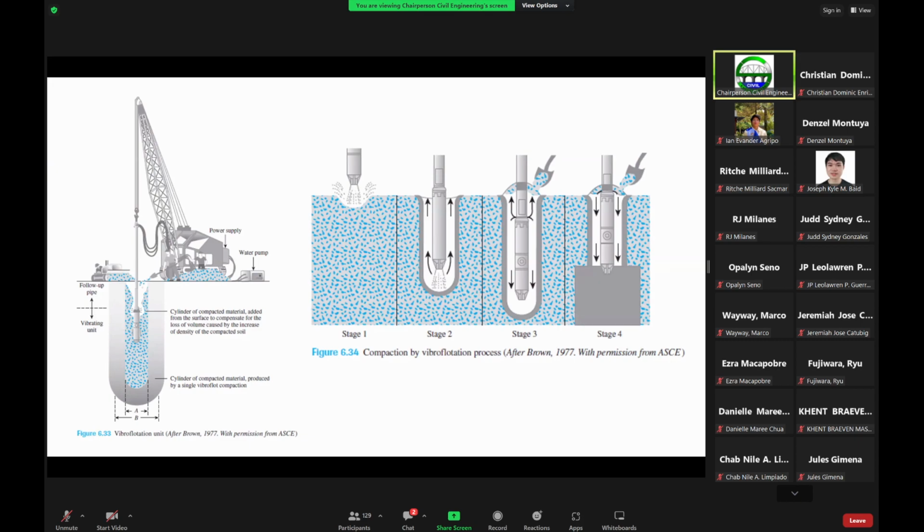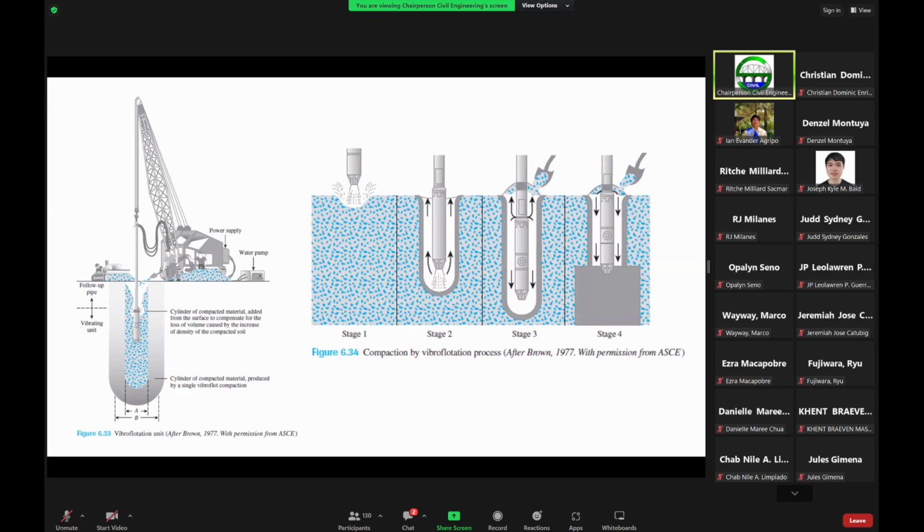Now, in construction, we also do what you call the stone columns method, or the rammed aggregate pier methods, with respect to ground improvement. Actually, this vibro flotation, the vibro compaction technique, is already under the topic on ground improvement techniques, which we normally discuss in the masteral degree.